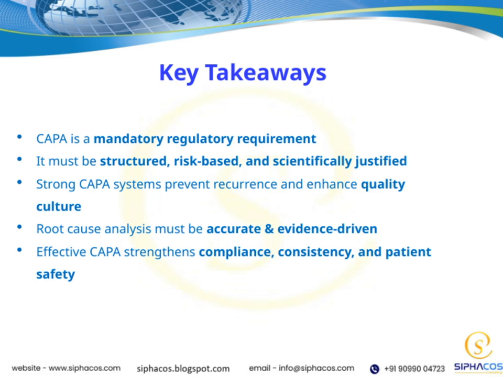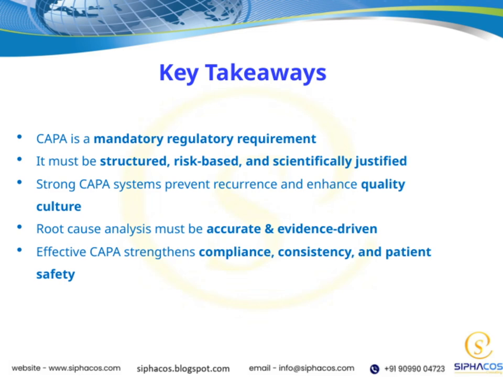This ensures that we're addressing the real issues effectively and efficiently. Having strong CAPA systems in place helps prevent the recurrence of problems and also contributes to building a stronger quality culture within the organization. It's about creating an environment where quality is prioritized and continuously improved.